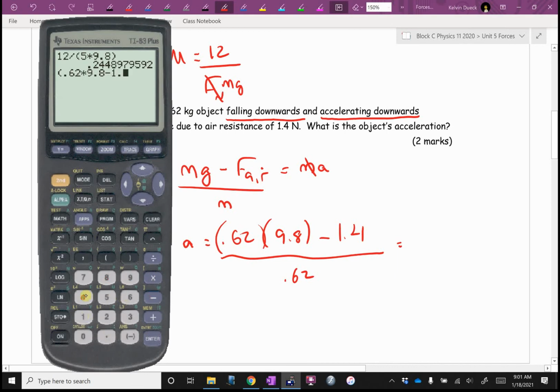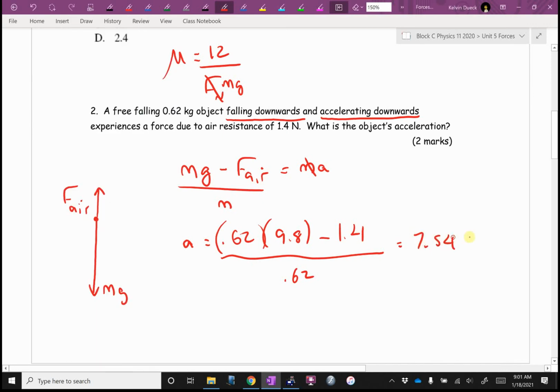I have no idea what the answer is here. Do you get 7.54? Oh, there was a built-in error check. I knew the answer had to be less than 9.8 because with no air resistance, that's the maximum I would have. So that at least works. Is it 7.54? So 2 out of 2 if you got that. And it's an acceleration, meters per second squared.